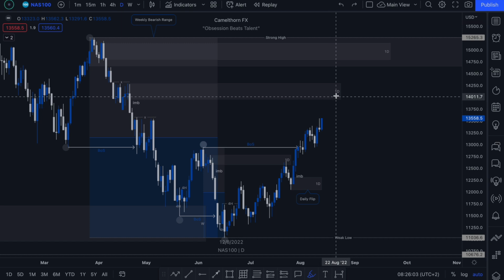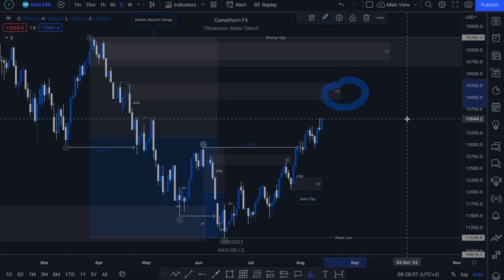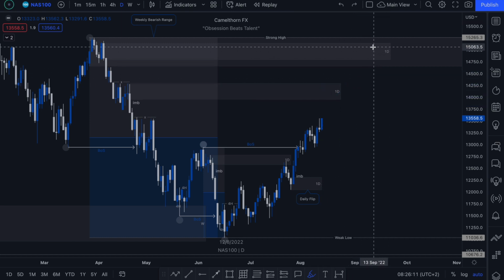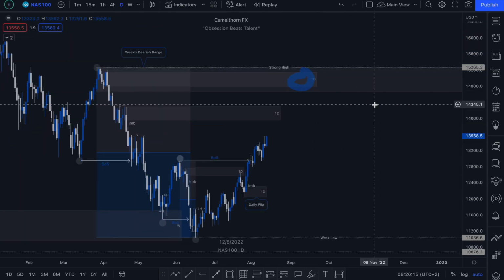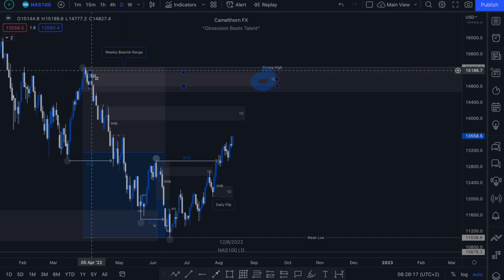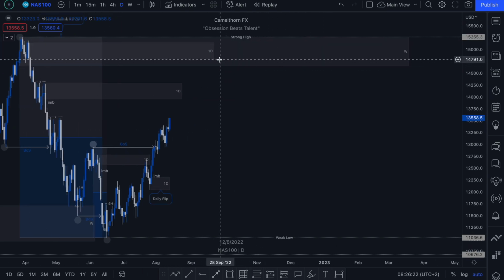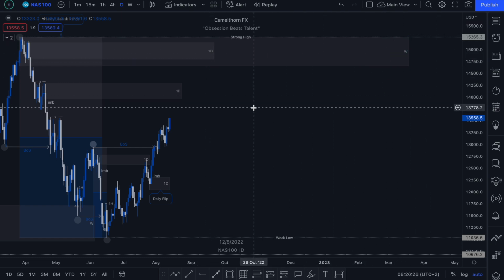Our next potential target would be this daily supply up here. Okay, and then beyond this daily target, we have another daily target up here, which sits at the extreme of this weekly bearish range, and that daily supply is also contained within a much larger weekly supply level.